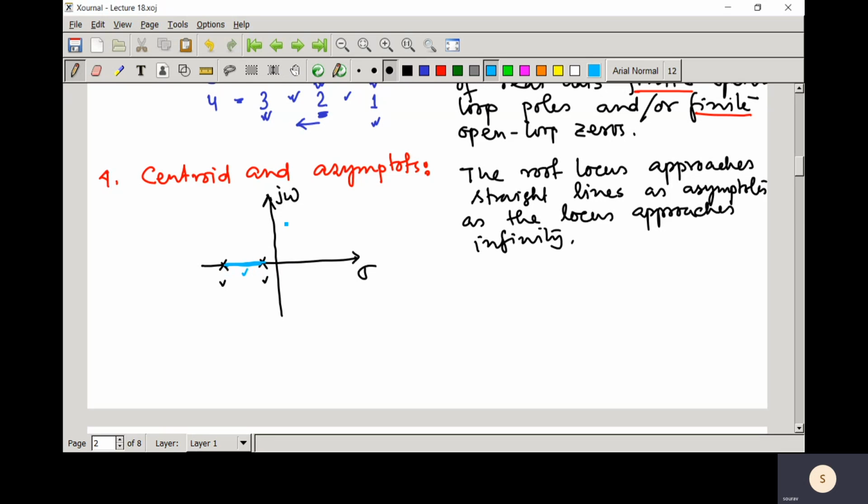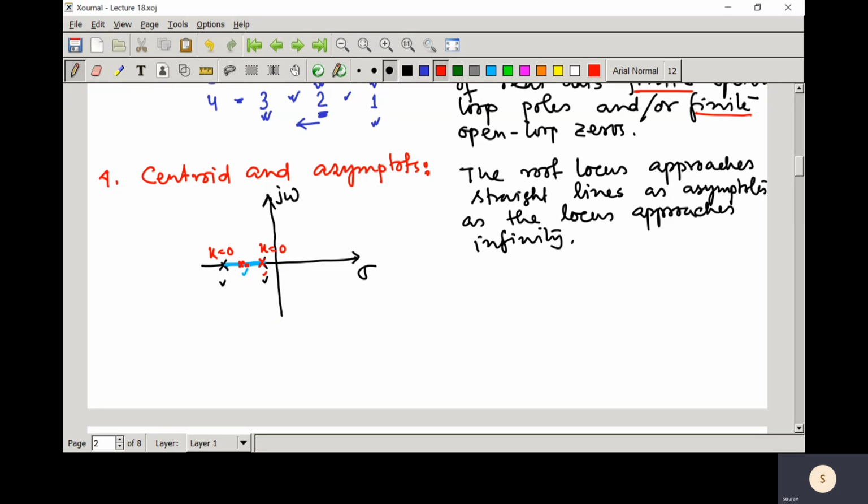So this particular portion belongs to the root locus. Now what we have seen so far is that this particular value would be k equal to 0, because the root locus starts from the open loop pole locations. Then if you start varying k, we have seen that when k tends to infinity, those poles will be moving towards the open loop zero. So there should be a point somewhere where it will go away from the real axis.